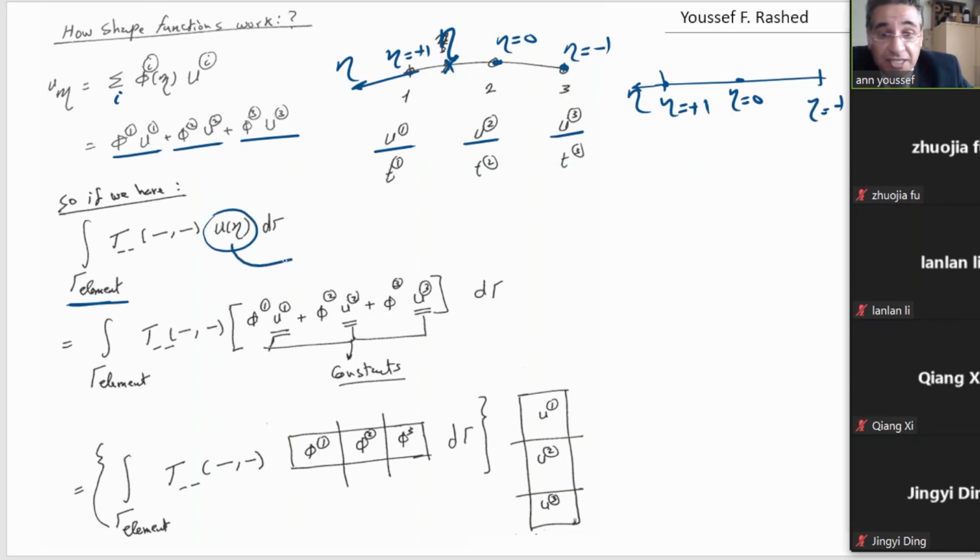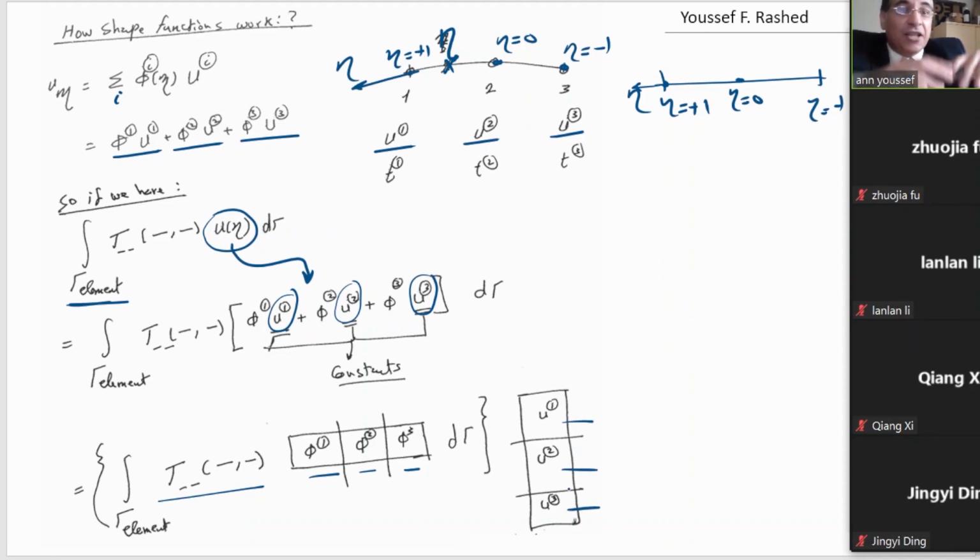So if we change the displacement to these points here, when the nodal values are constant values, we will end up with this matrix form. We have the fundamental solution ij or anything times phi1, phi2, phi3 times the displacement at the nodal values.